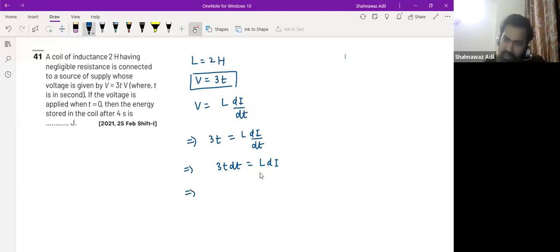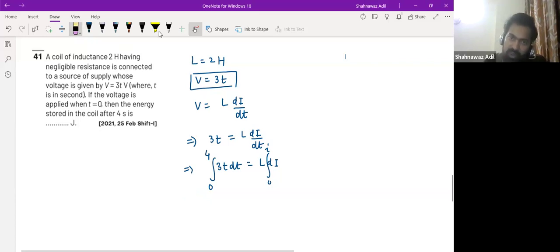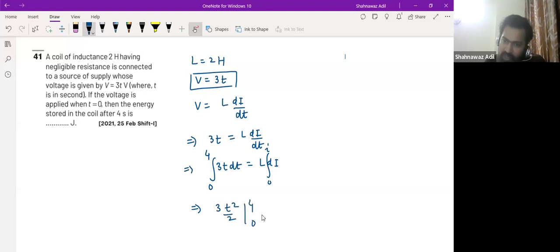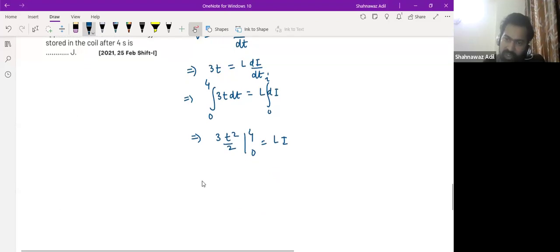Let's calculate this. We integrate from 0 to 4 on one side, and 0 to I on the other. So we have 3t square by 2, from 0 to 4, equals Li.